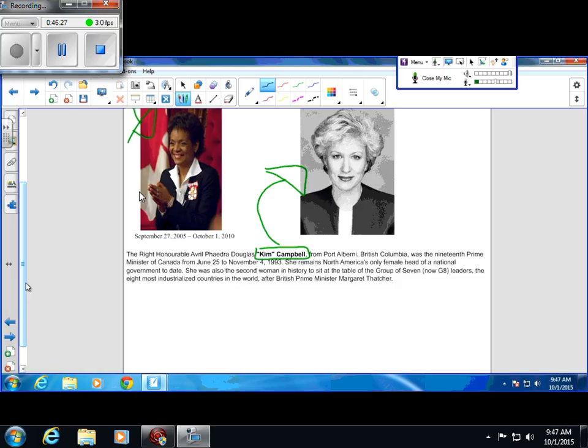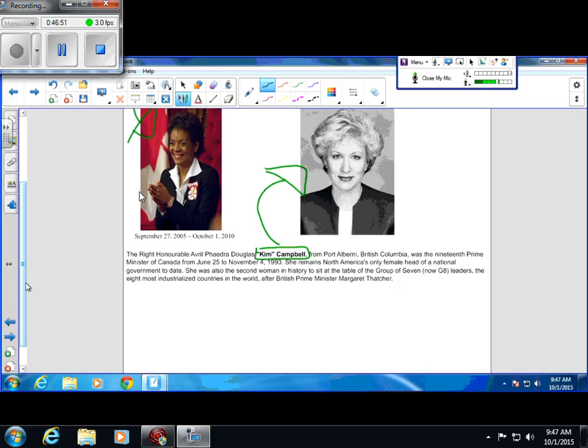Basically what happened was that Brian Mulroney, the name we talked about earlier, was Prime Minister. Then he stepped down or retired as Prime Minister. So Kim Campbell decided to run for the leadership and did some campaigning. She was eventually voted in and won to become the leader of the Conservative Party.